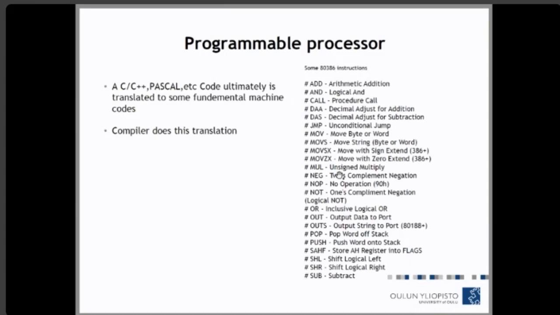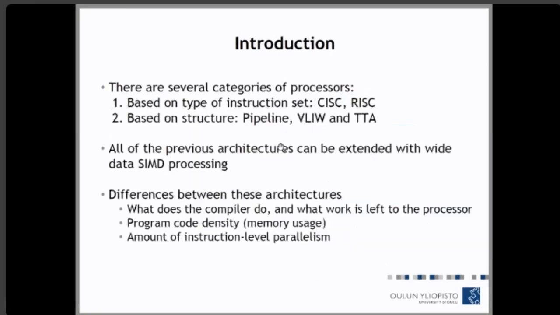Instead of having one log function instruction, I can have 10 add instructions. Add instructions are obviously going to be used more often than some log or sine or other mathematical function. So that hardware can be dedicated to more useful operations.